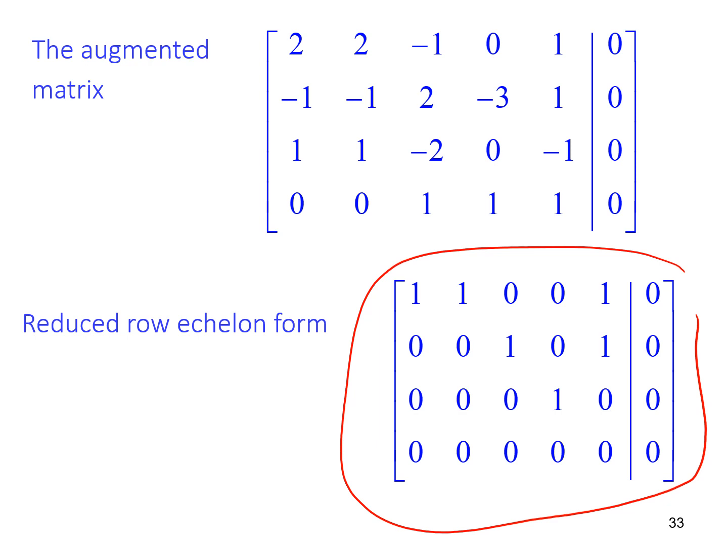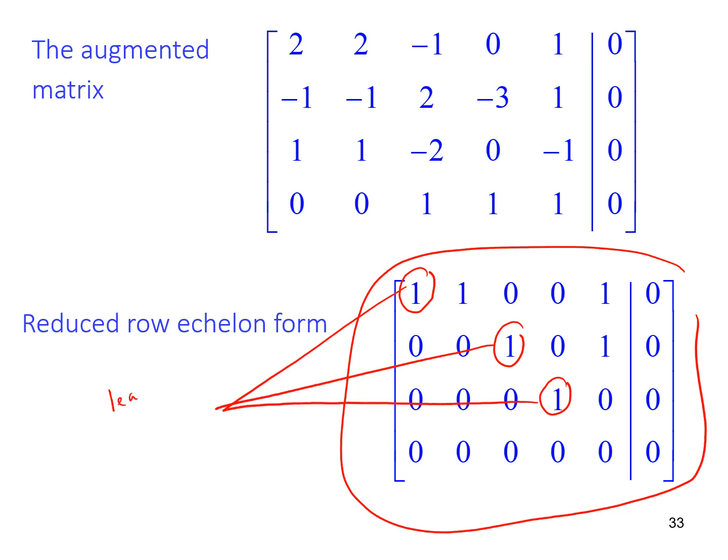Before that, we have to note that variables x1, x3, and x4 are leading variables because each of these columns contains a leading one. So the leading variables are x1, x3, and x4, and the rest, x2 and x5, are free variables.